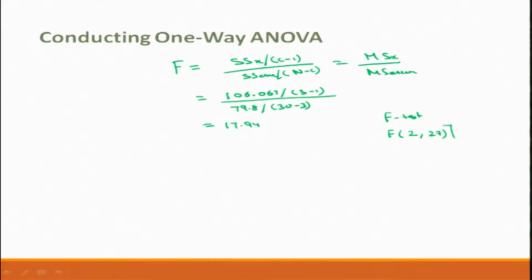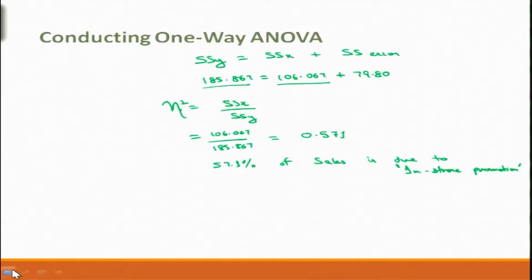For this, we can see the value of F in the table and see whether this value 17.94 is greater than the tabulated value here. If it is greater, we will reject the null hypothesis and we can say that yes, whatever hypothesis we are stating here, sales is accounted for by in-store promotion.